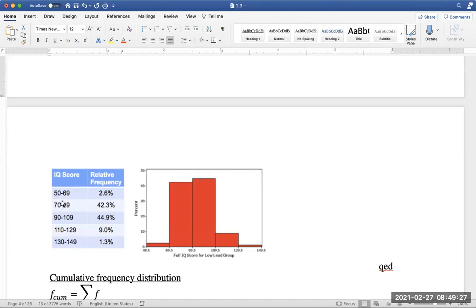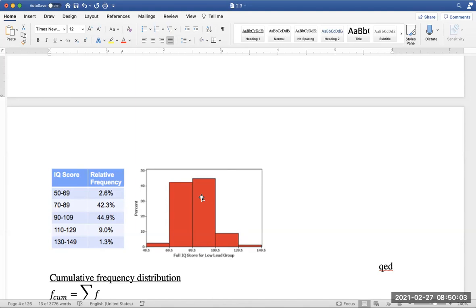So these are my class boundaries. 49.5 to 69.5 is 2.6%. 69.5 to 89.5, 42.3%. 89.5 to 109.5, 44.9%. 109.5 to 129.5, 9%. 129.5 to 149.5, 1.3%.